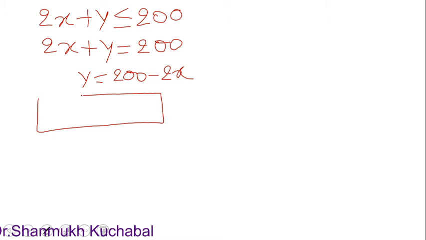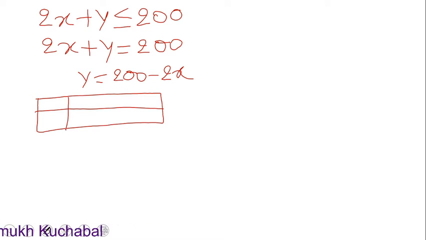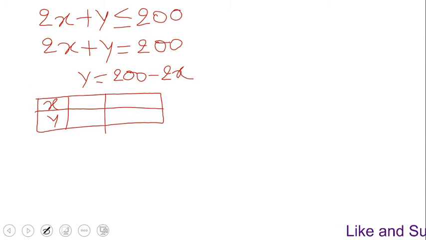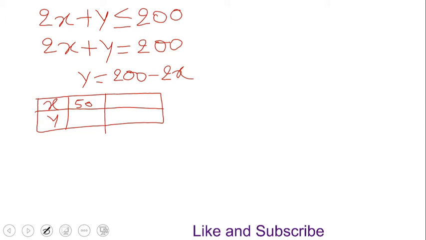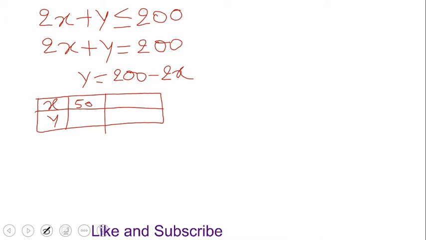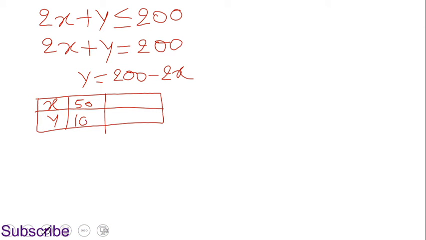So we have to take a tabular column like this, x, y. We take sharp values of x. I take x equal to 50, so 200 minus 2 into 50, 200 minus 100, so the answer is 100.